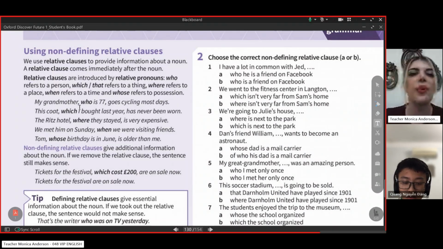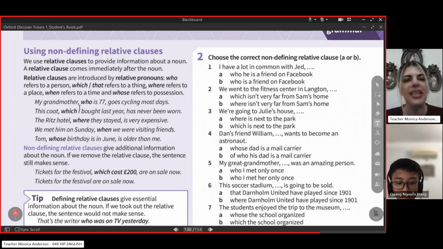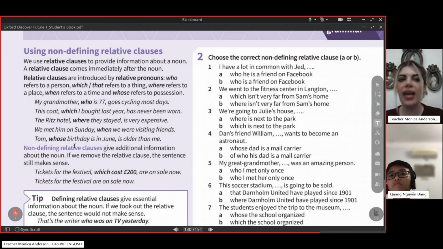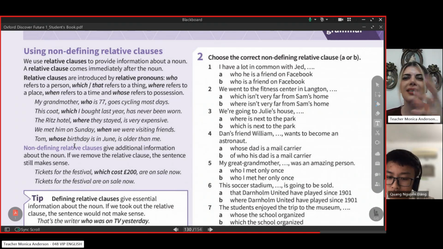We have which or that when it comes to things, for example, the coat which I bought or that I bought. You can use that for all subjects, maybe animals, maybe people. So that is common for all situations. It can be used for people, for things, for place.